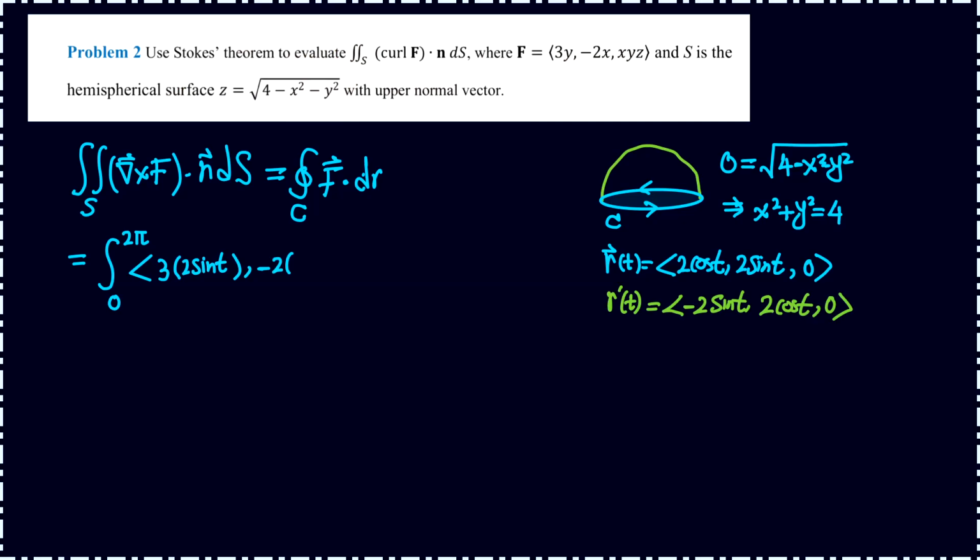So negative 2 times 2 cosine t. And then we have xyz. So you multiply all of these, which is just going to give you a 0, right? x, y are non-zero, but when you multiply with z, you get 0. So this is the vector field composed with r. And we're going to dot that with r prime.